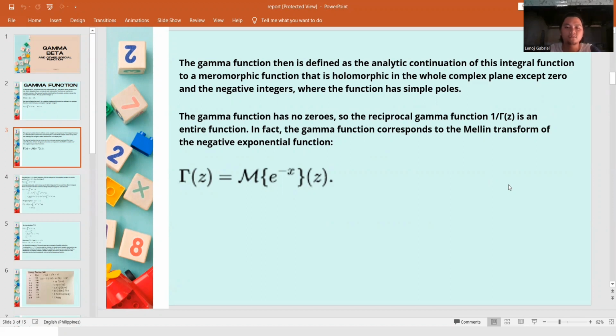The gamma function has no zeros, so the reciprocal gamma function 1 over gamma of z is an entire function. In fact, the gamma function corresponds to the Mellin transform of the negative exponential function. We have a formula: gamma of z is equal to the Mellin transform of e raised to negative x at z. So let's have an example.